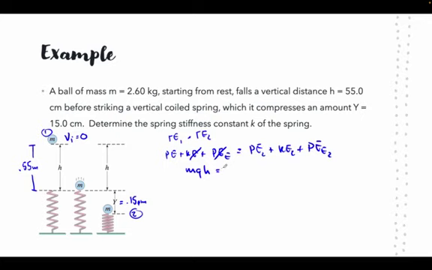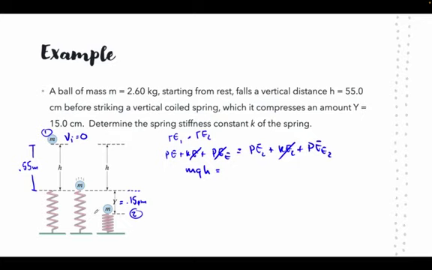So at point 1, the entire energy is gravitational. At point 2, the mass stops moving, so there is no kinetic energy. But is there gravitational potential energy? Well, that all depends on where we take a reference point. If we take a reference point at this line, then yes, there will be negative potential energy at this point.